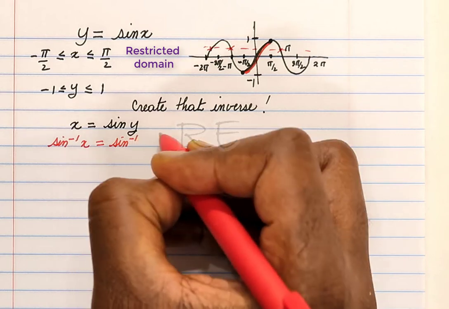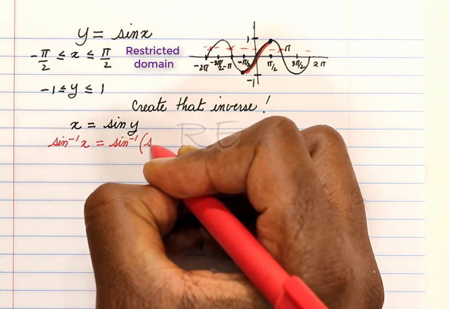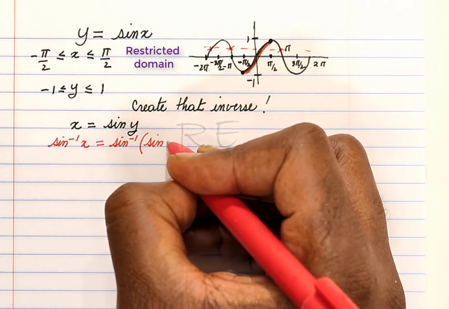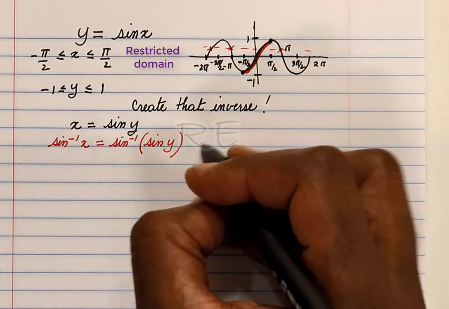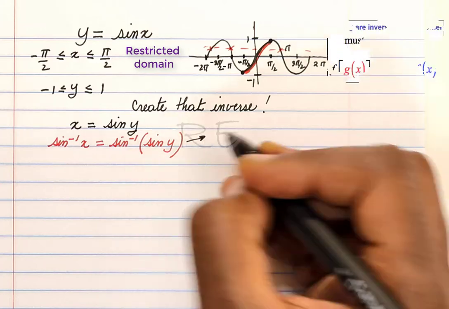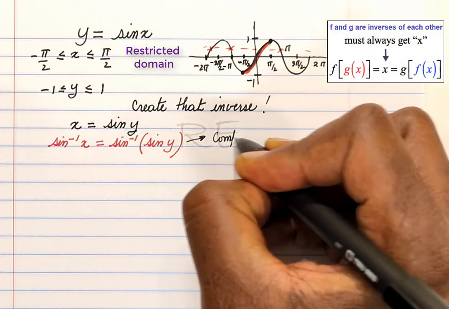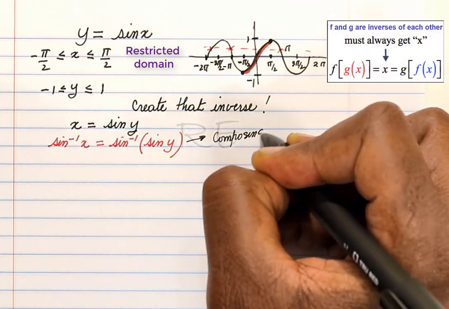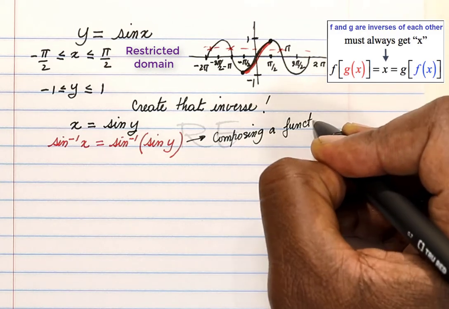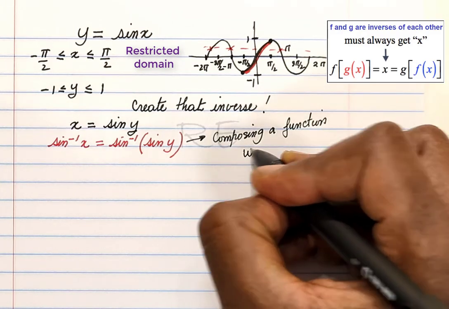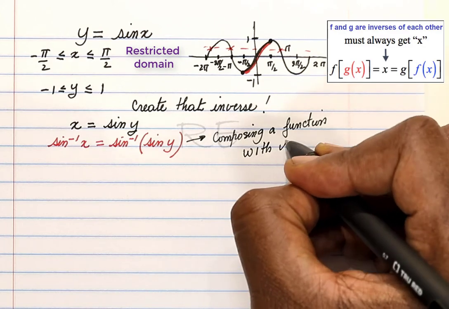We take the inverse of both sides, inverse sine y. Undo sine y, so we'll get y. It's called the composition of inverse functions.